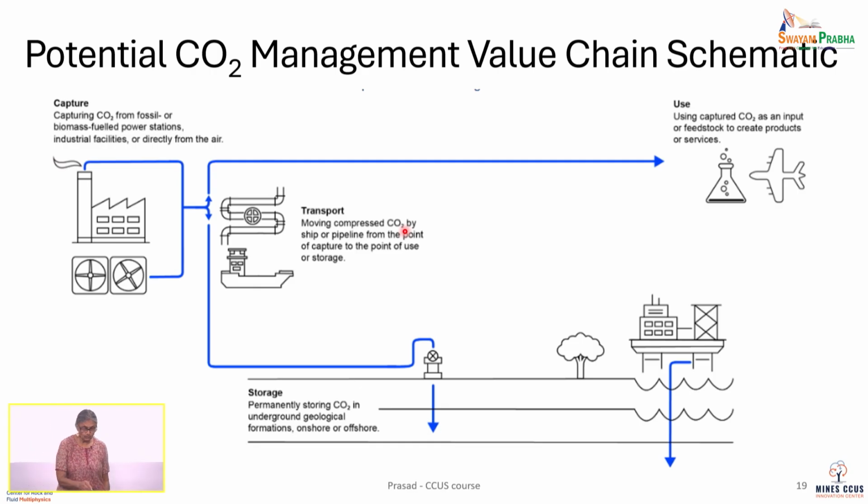And that goes in either into usage or into storage. So essentially, we need to look at 3 major things. One is how do we capture? Second is how do we safely transport? And the third is how do we store? What are safe storage options?